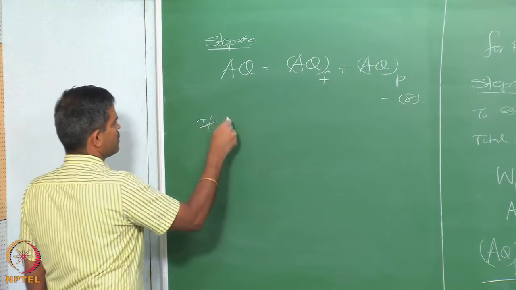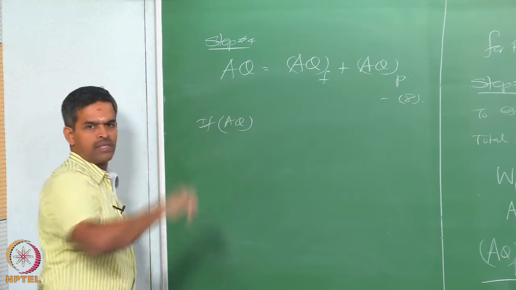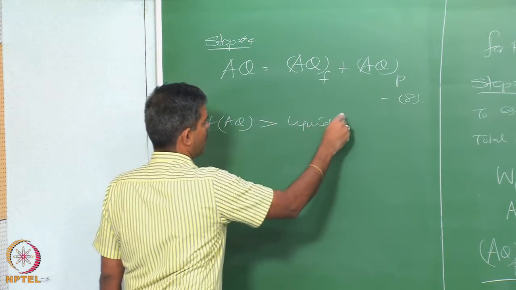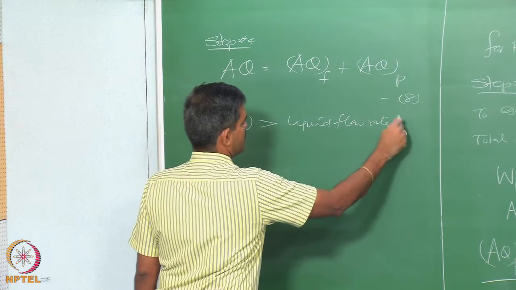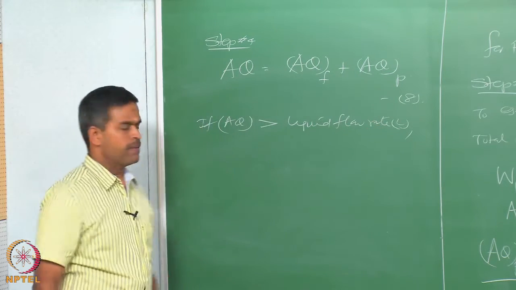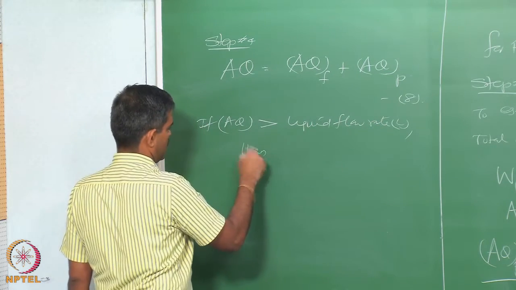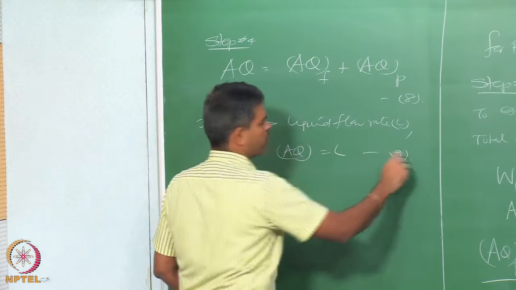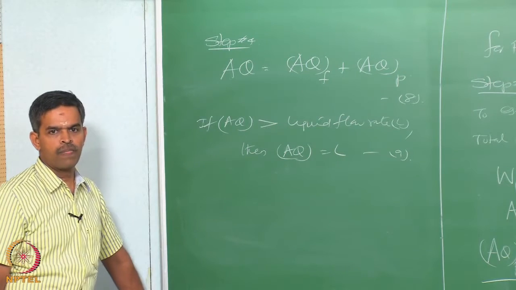If the airborne quantity you compute from equation 8 is more than the liquid flow rate L, then airborne quantity is equal to L. It cannot be more than L in any case.